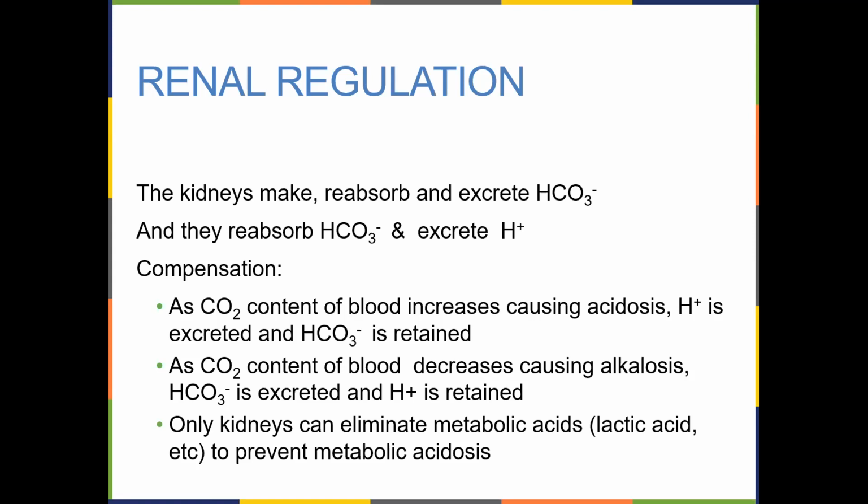After a couple of days, they'll start secreting more hydrogen ions, probably at the distal tubule, and retaining the bicarbonate portion of carbonic acid. If we are too alkaline, the kidneys will recover hydrogen ions. So they're going to do the same thing. They're going to get rid of hydrogen ions, or they're going to keep hydrogen ions, but it takes time.